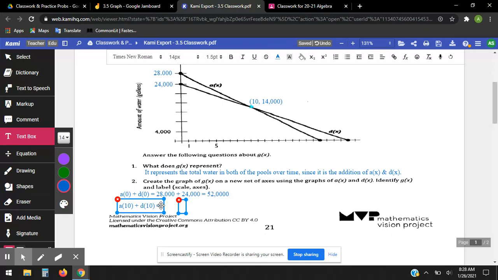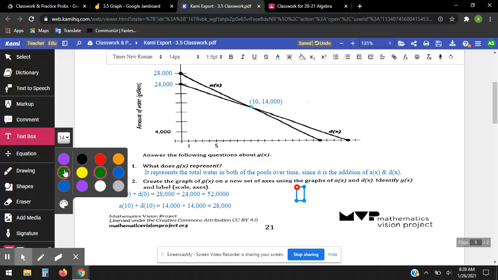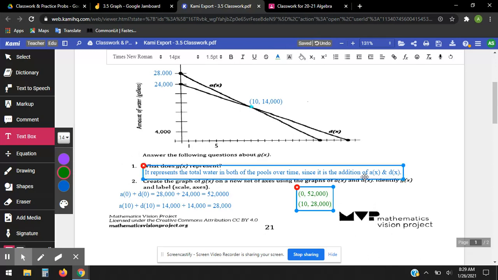Just a moment. That back, 14,000 plus 14,000 equals 28,000. So over here we said 0, 52,000, and 10 minutes was 28,000. So we have two coordinates that we can graph.